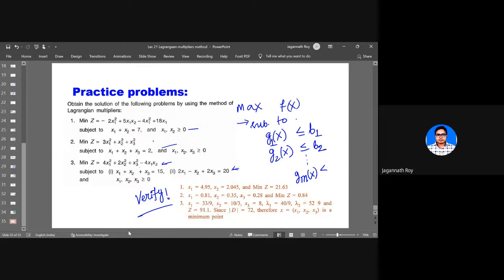And that is the study of the Karush-Kuhn-Tucker conditions. So we'll try to look at the main aspects of KKT conditions in the next class. But till then, you try to verify these results.